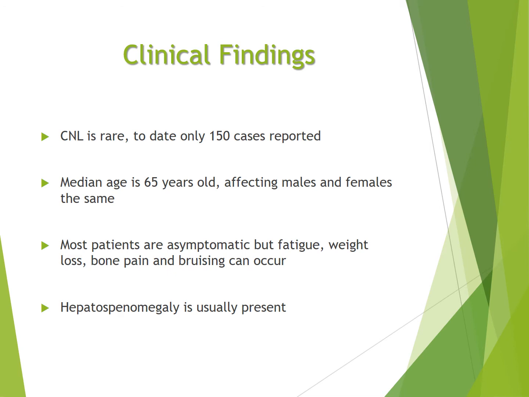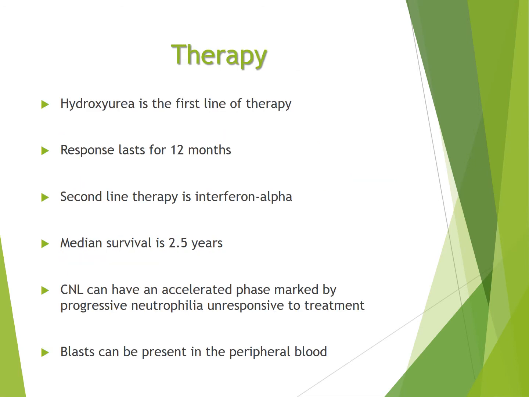Most patients present with fatigue, weight loss, and bone pain. So CNL is a slow, smoldering condition, and patient survival ranges from as short as 6 months to longer than 20 years. The neutrophilia does progress, some patients can develop a myelodysplasia, and some can even experience a transformation to AML.